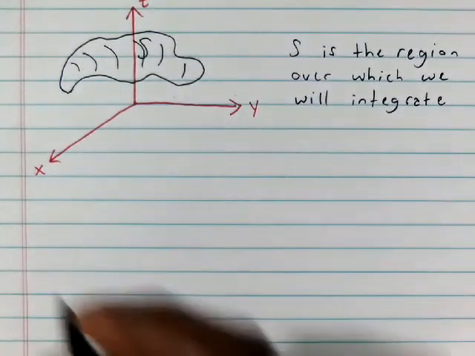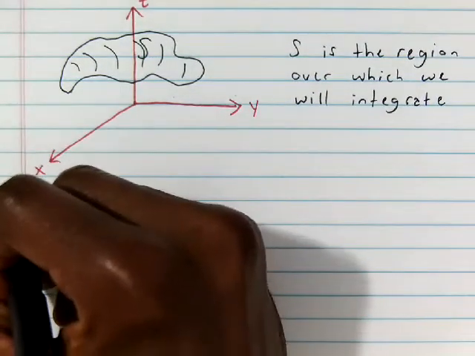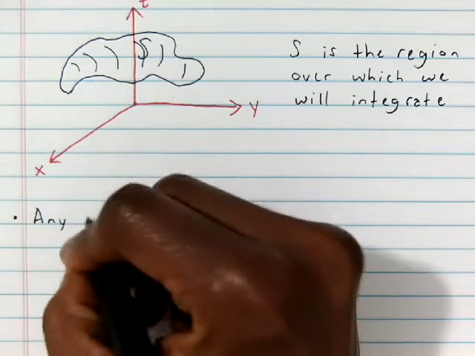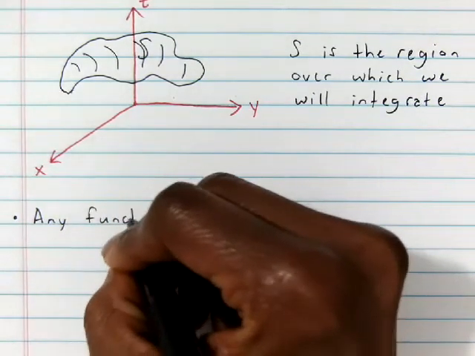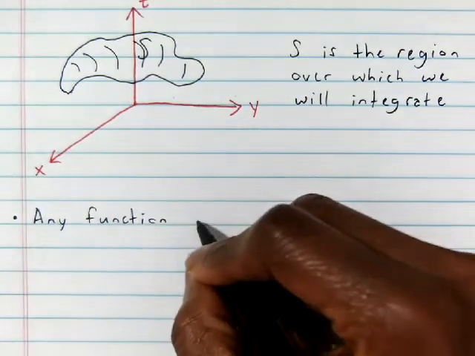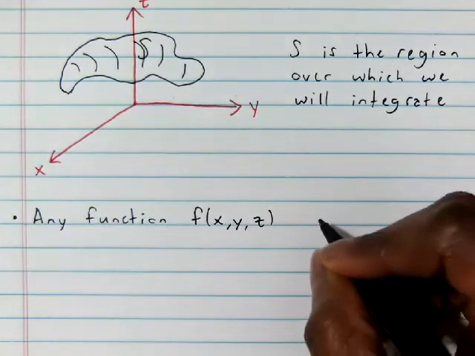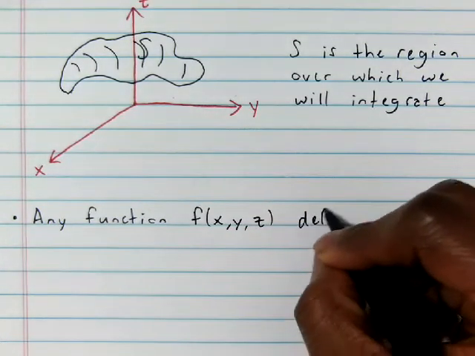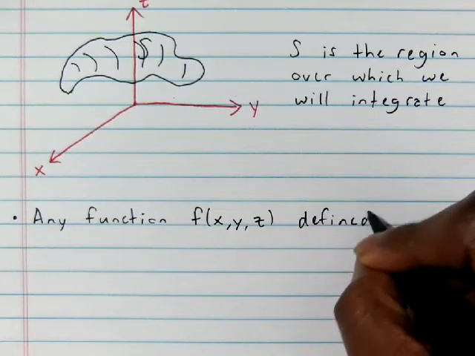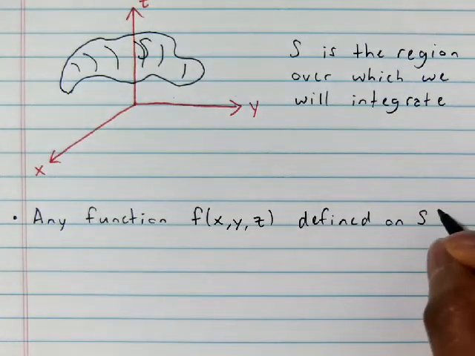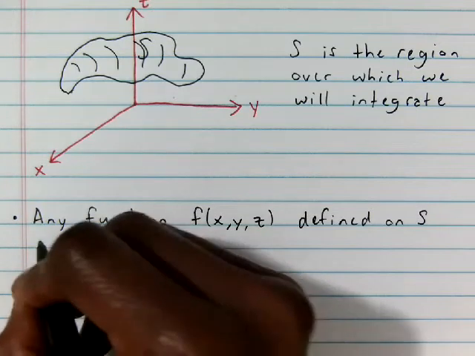All right, so any function f of x, y, z defined on S would be in 4 dimensions.